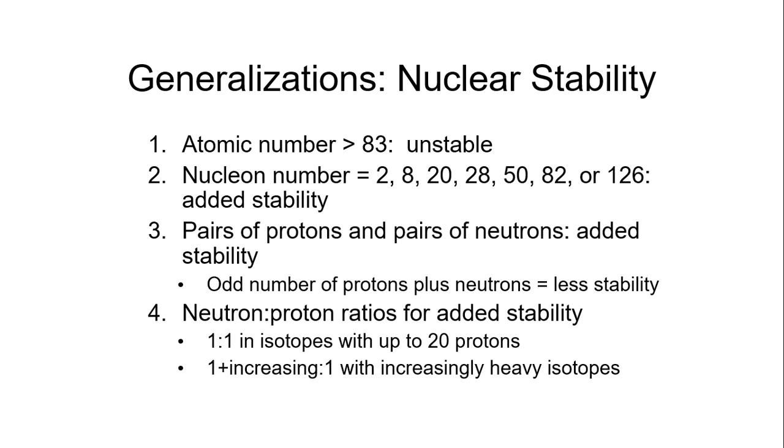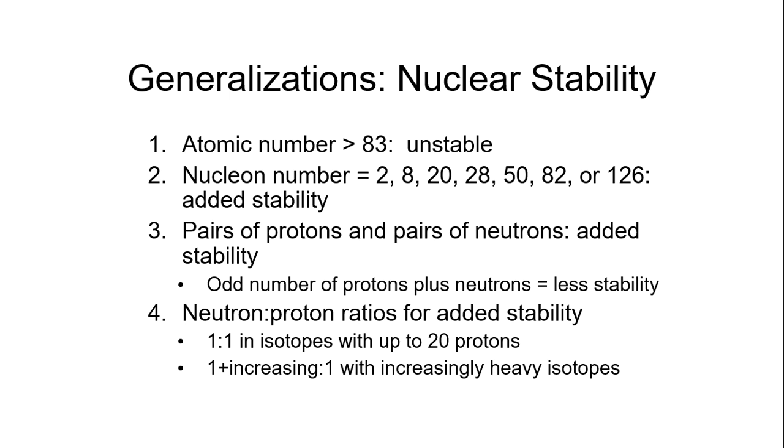So, generalization from nuclear stability: if the atomic number is less than 83, you're generally stable. But if it's greater than 83, you're generally unstable. If your nucleon number becomes one of these numbers, 2, 8, 20, so on, then you have an added bit of stability to those atoms.